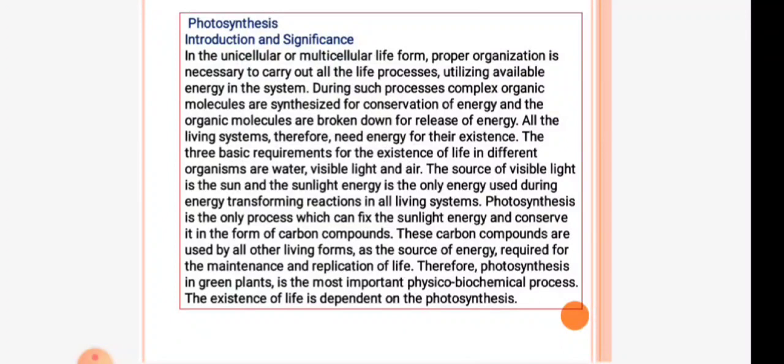These carbon compounds are used by all other living forms as the source of energy required for the maintenance and replication of life. Therefore, photosynthesis in green plants is the most important physico-biochemical process. The existence of life is dependent on photosynthesis.